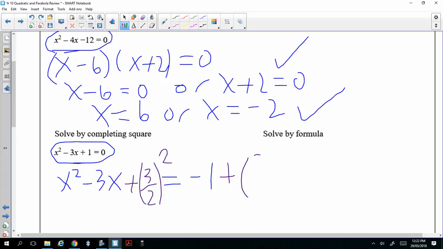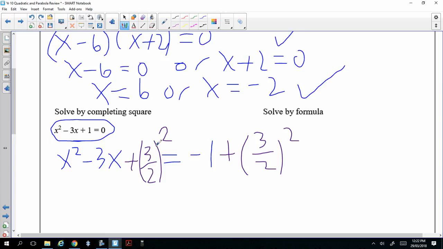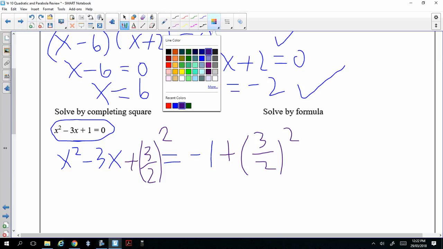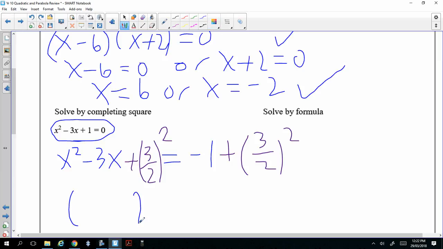Now, we don't have to do anything to the 3 over 2 squared because that becomes a perfect square. Remember what to put inside the bracket: x minus, because that's a minus. If that's a plus, you put a plus. So x minus 3 over 2. You just copy down what you wrote, without the square.